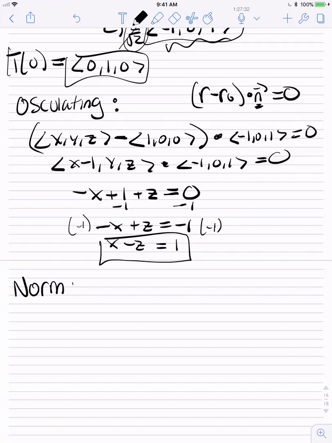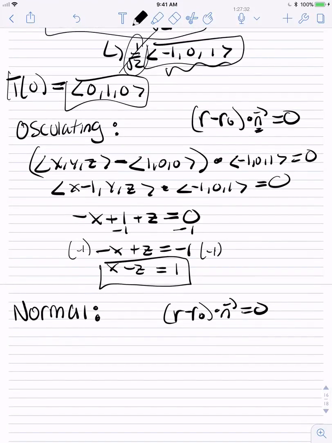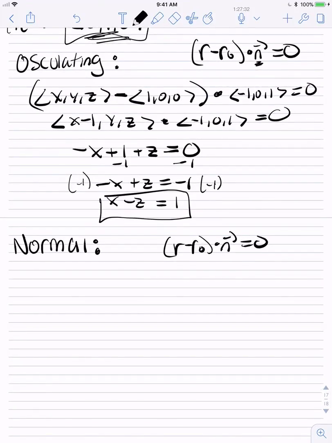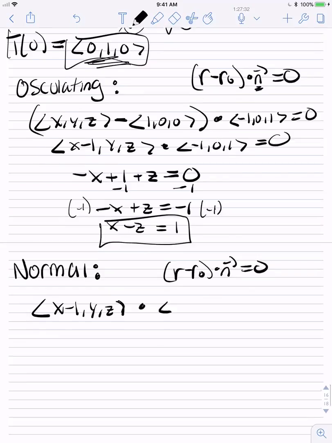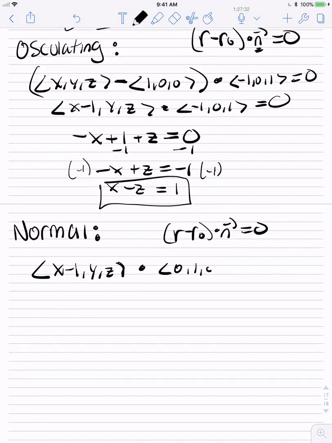Now for the normal plane, we're going to use the same equation, r minus r naught dotted with an n vector equals 0. But this time our n vector will be this t of 0, which is 0, 1, 0. So if we did that, we'll get the same x minus 1, y, z, but we're going to dot it with 0, 1, 0, and it's equal to 0.